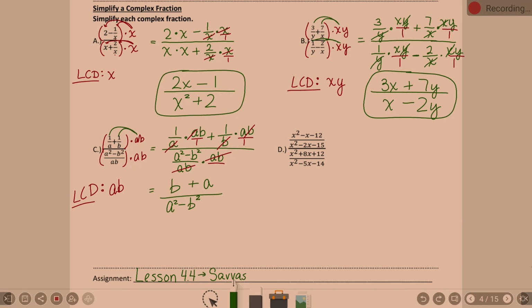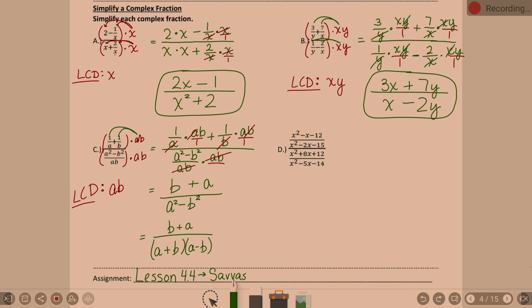On top I have B plus A. A squared minus B squared. A squared breaks into A times A. B squared breaks into B times B. If it multiplies to be minus B squared, I need plus and minus.